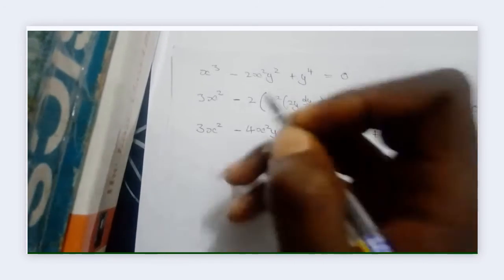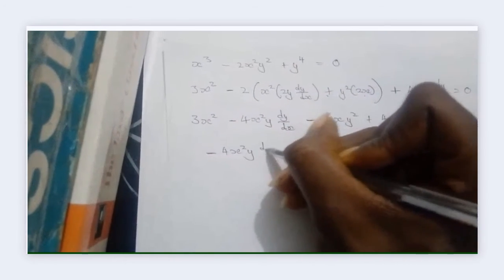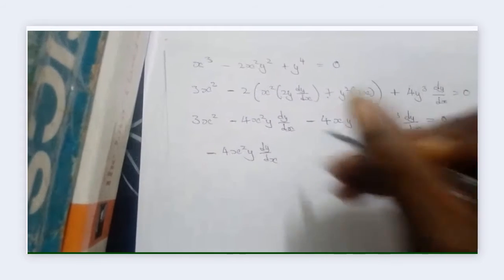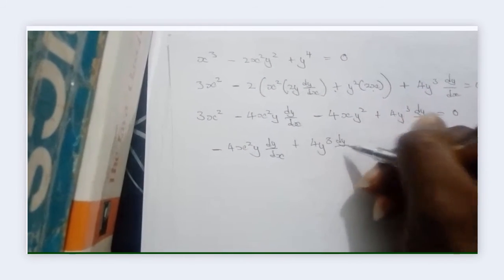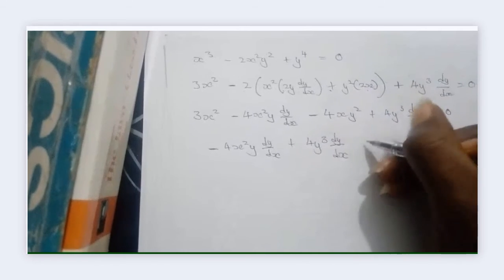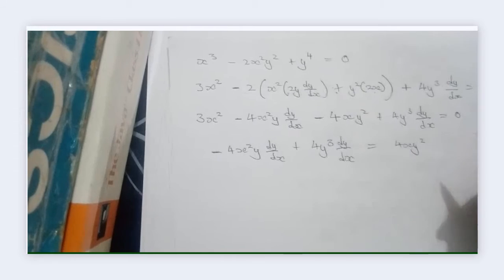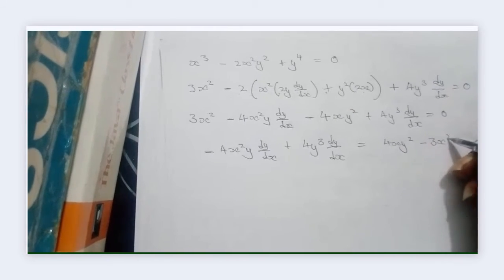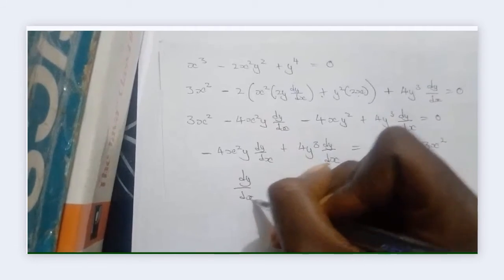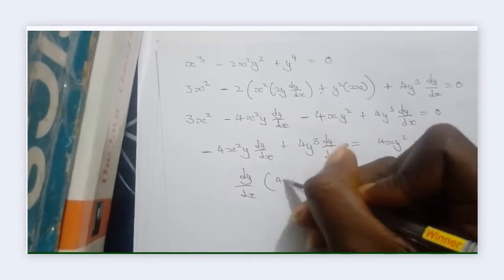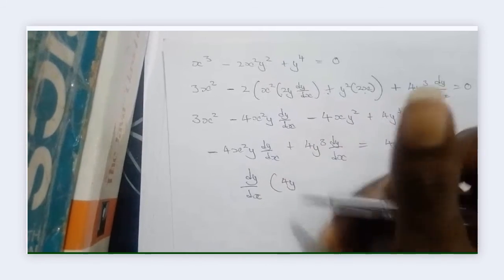So by writing minus 4x squared y dy over dx plus 4y raised power 3 dy over dx equals to 4xy squared minus 3x squared. So something like this. So I can factorize dy over dx. So this will be 4y, I can change it anyhow. So I can write this first because of the minus.